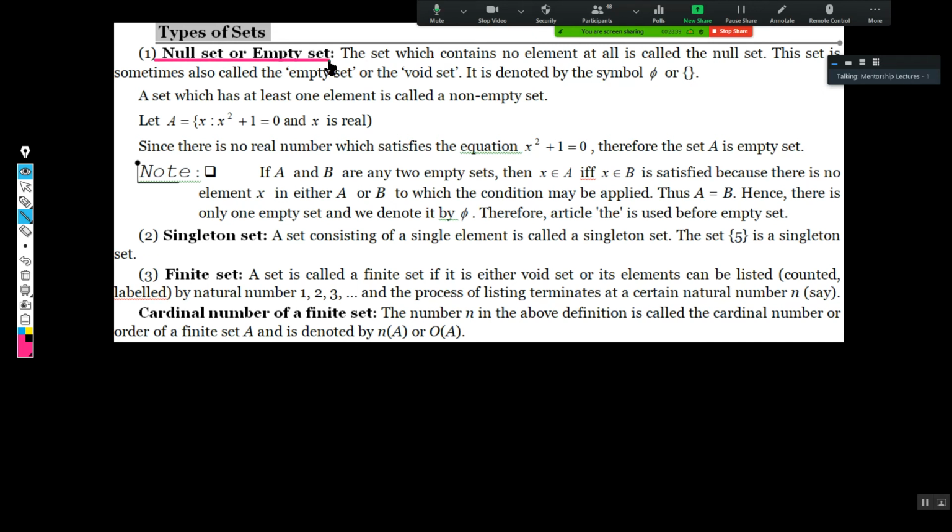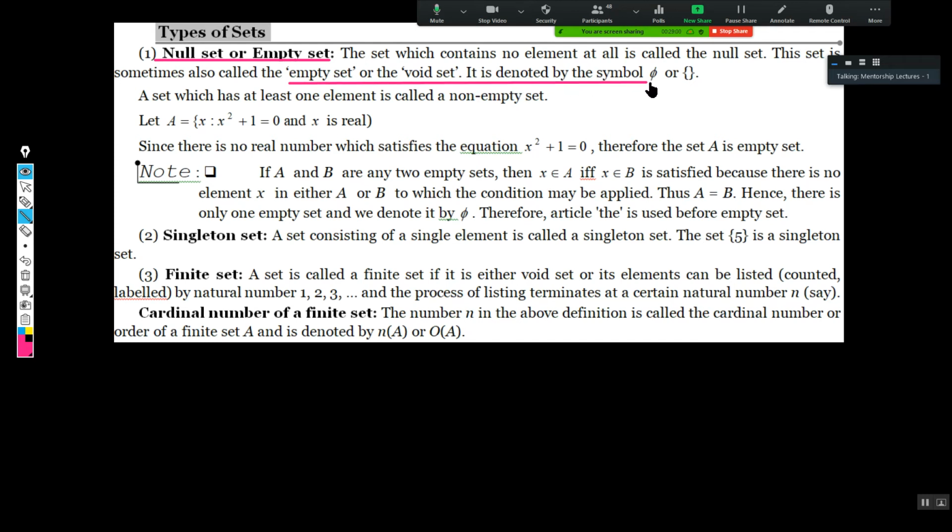So what is a null set? There are no elements present in the set, and it is called a null set, or empty set, or void set. Just remember the names. If you take the literal meaning, void set gives you the same.